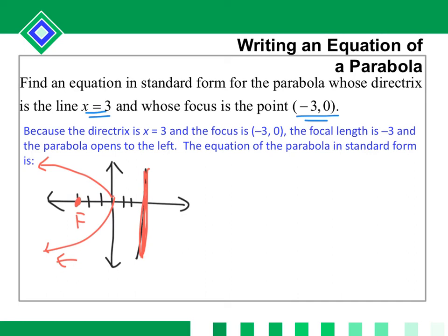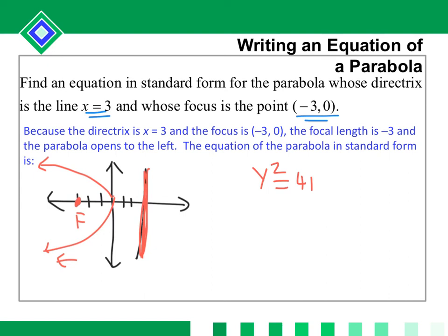So I know it's going to be of the form y squared is equals to 4px. Why? Because it's opening sideways. I also know that p is equals to -3.